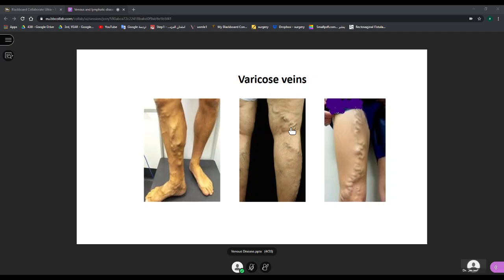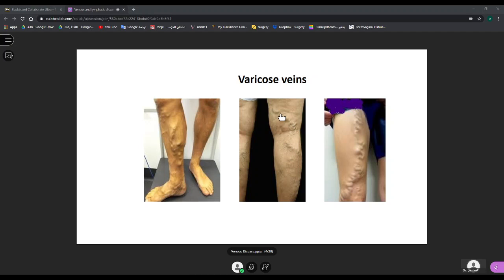And now, what do you see here? This is the posterior aspect of the thigh. Yes. So there is some varicosity, which in this case is involving the small saphenous vein, because this is mainly on the posterior side.